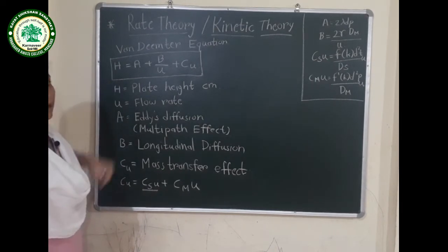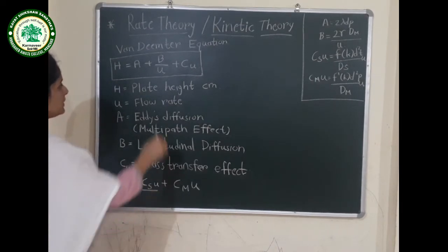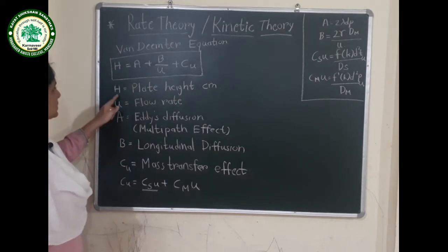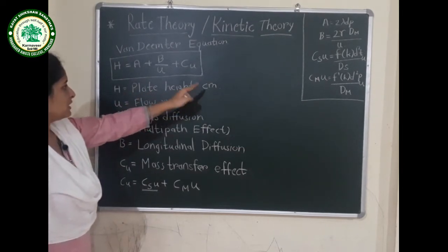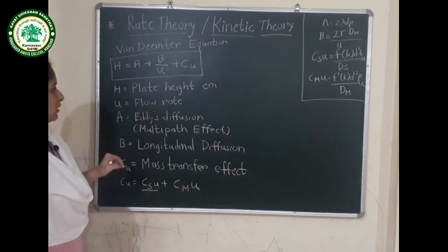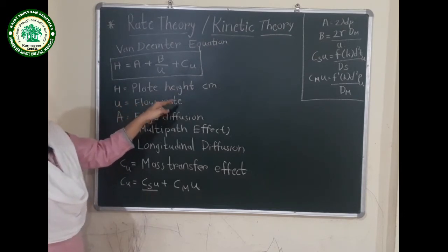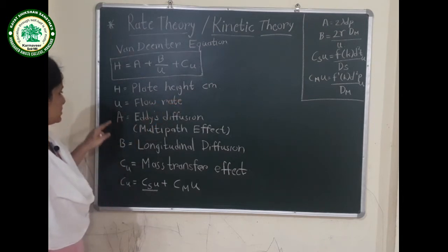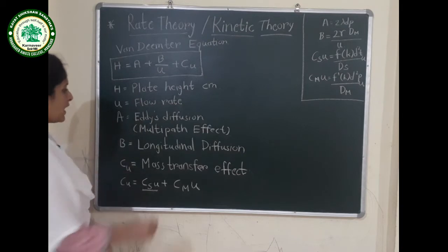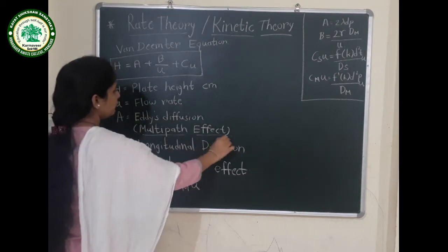It gives the efficiency of the column. Now H is the plate height, which is given in centimeter. U is the flow rate, or it is also called linear velocity of the mobile phase. Then A is what? Eddy's diffusion, also called multipath effect.